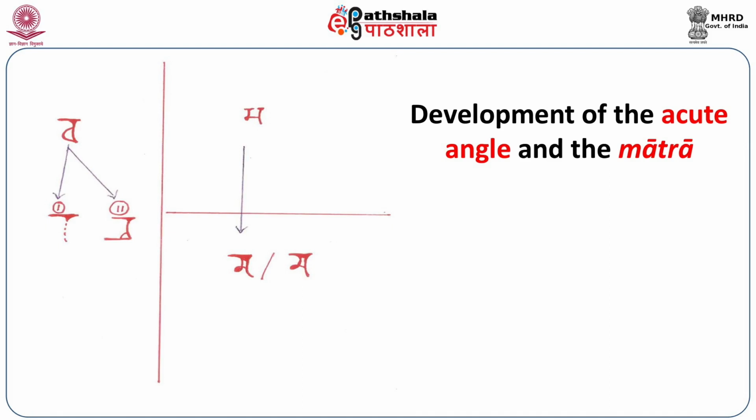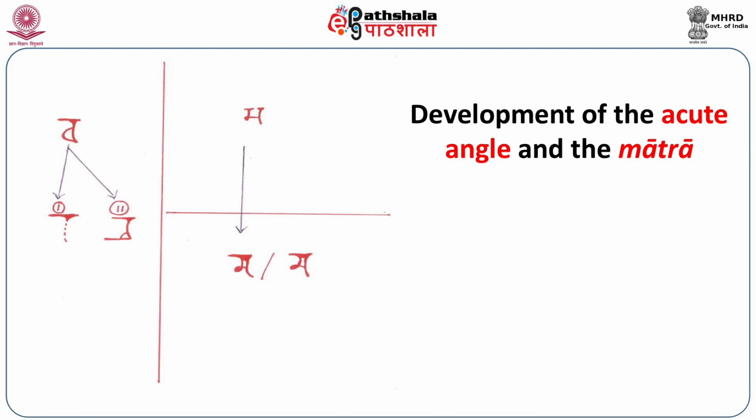All the letters have their vertical element forming an acute angle with the horizontal plane, as you can see to the left, and to the right is the formation of the matra from two different head marks of the two vertical elements of a letter.